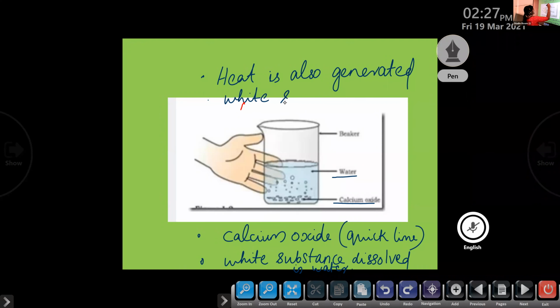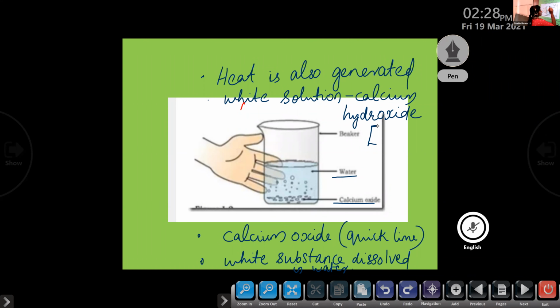Clear? It also has a common name, that is slaked lime. Is this activity clear for you?